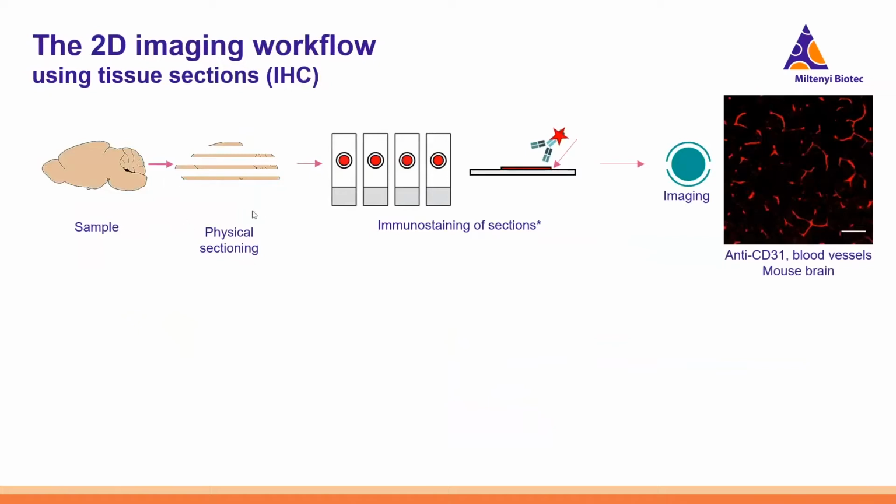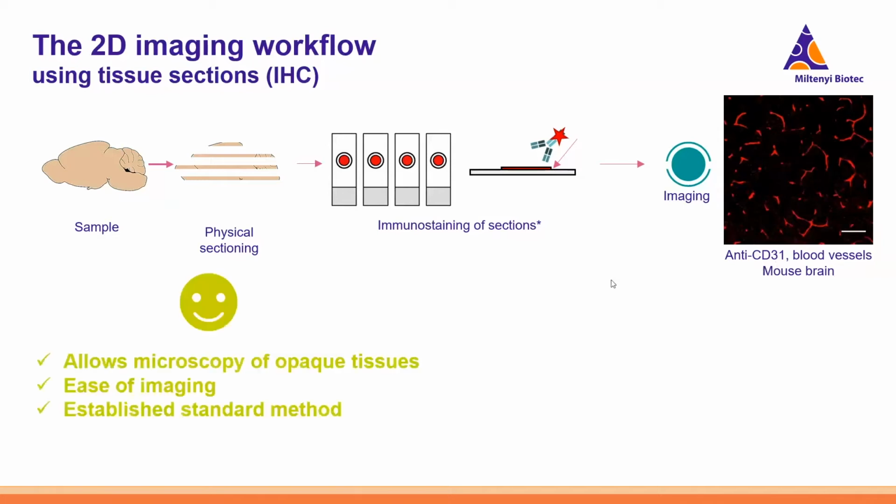So you section it in thin slices, and then these slices can be, for example, stained with antibodies to label these structures of interest, and they are then imaged in a standard microscopy setup, for example a confocal microscope or a wide field microscope. What you would obtain is this 2D image, as you see on the right-hand side. This is a mouse brain section stained with a CD31 antibody, which is labeling endothelial cells and which is often used as a blood vessel marker.